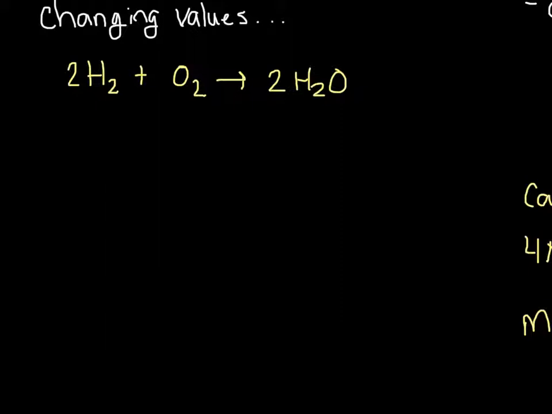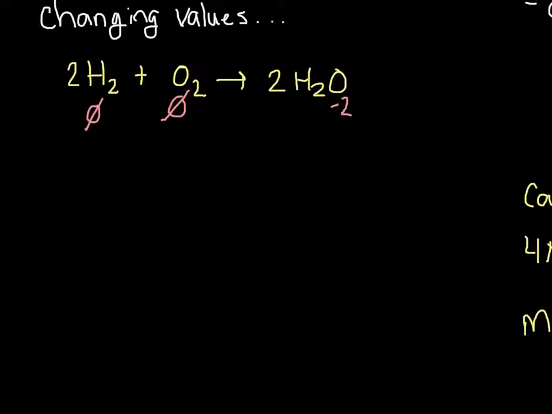Starting with a simple reaction, how do we go through and identify if there's a change in oxidation numbers? So we have 2 hydrogen reacting with an oxygen to form 2 waters. We know elements have an oxidation number of 0, so both those start with 0. Then what's going on with water?